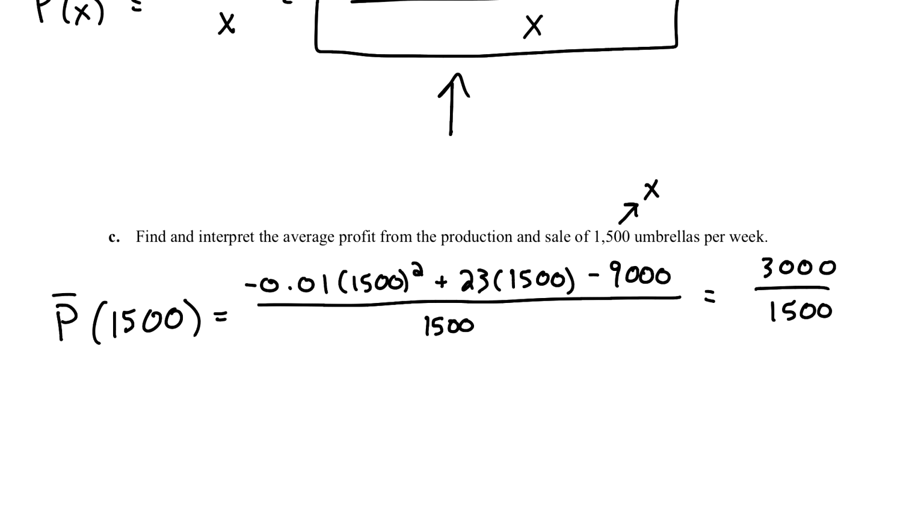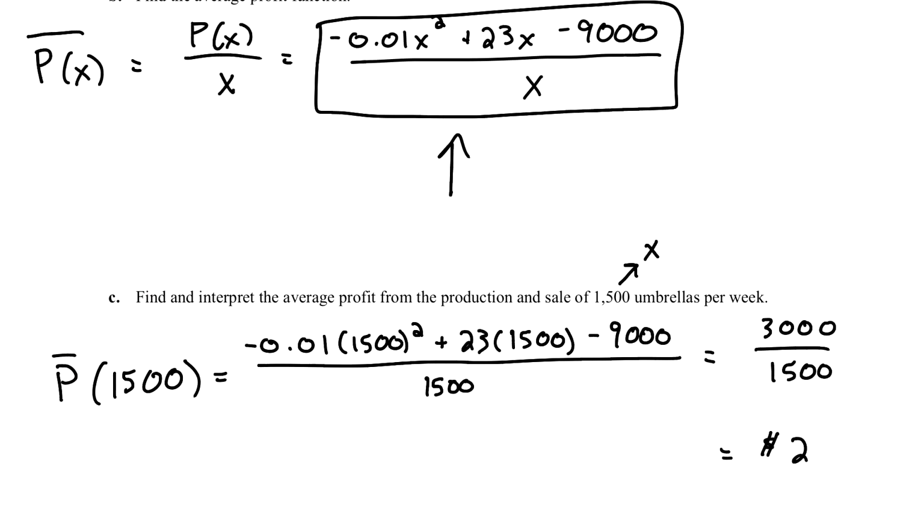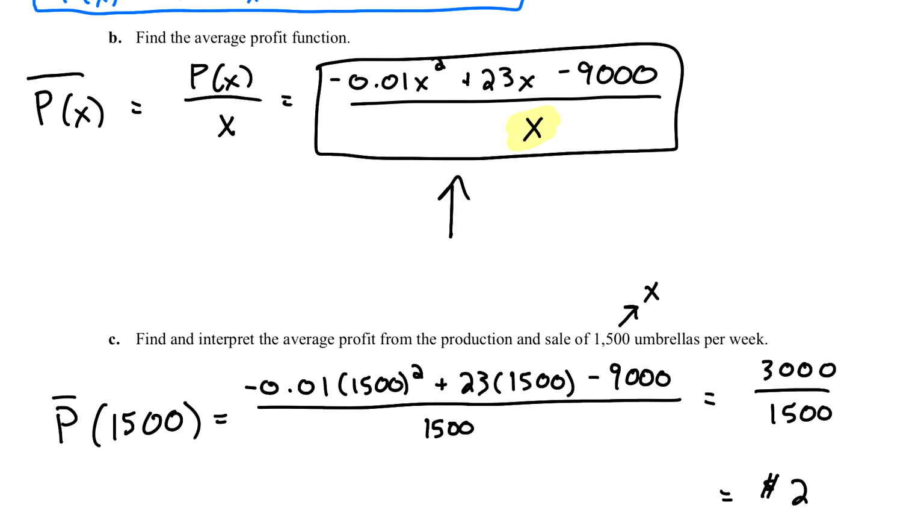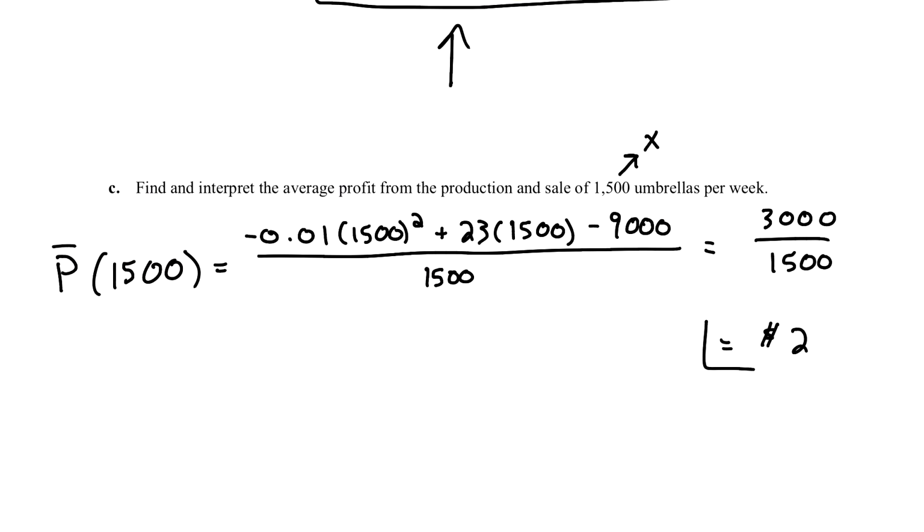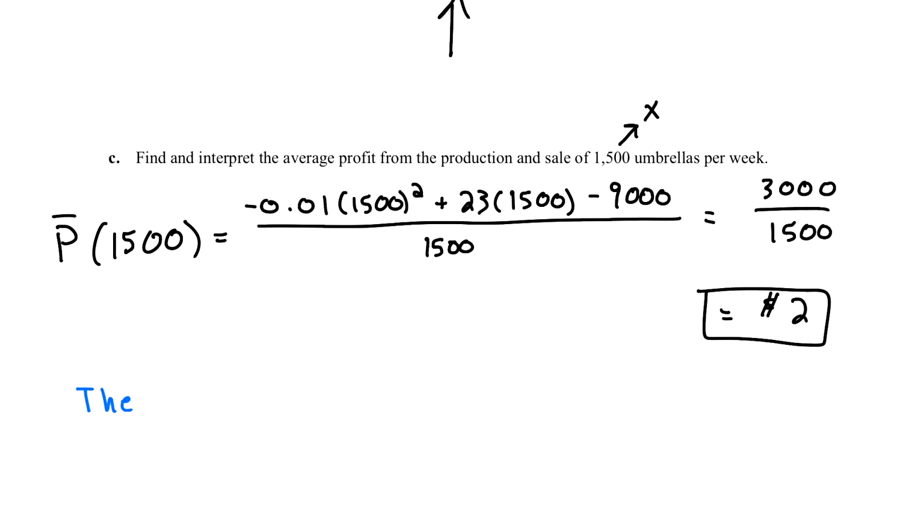This looks like it simplifies really nicely to $2. So this tells me the average profit per unit. Because we divided by X, which was the quantity, the number of units that we manufactured. So if I want to talk about what this $2 represents, what this says is that the average profit per umbrella, or per unit, is $2.